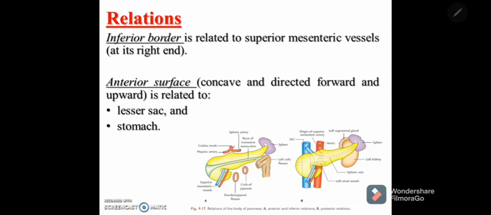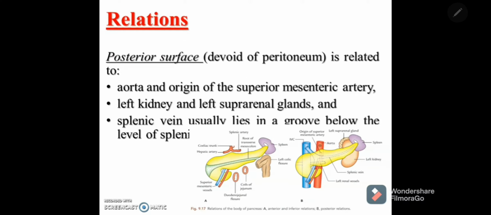And when you see the anterior surface or anterosuperior surface, it is forming the stomach bed separated by the lesser sac. So it is related to the peritoneum of the lesser sac and stomach, whereas the posterior surface, which is non-peritoneal, is related to the big vessel there, abdominal aorta, superior mesenteric artery, left kidney, left suprarenal gland, left renal vessels and splenic vein.